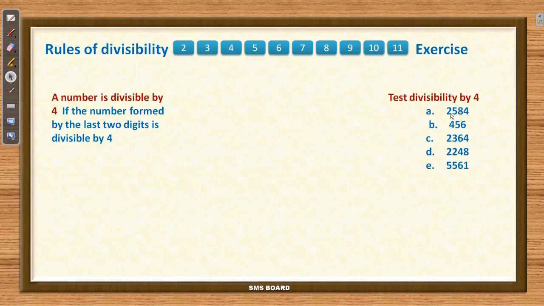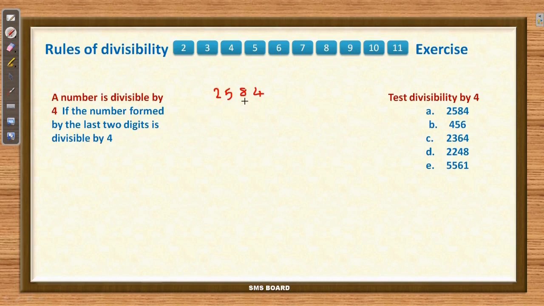2584. So we will discuss 2584. And what are the digits? 2, 5, 8, 4. A number is divisible by 4 if the number formed by the last two digits is divisible by 4.